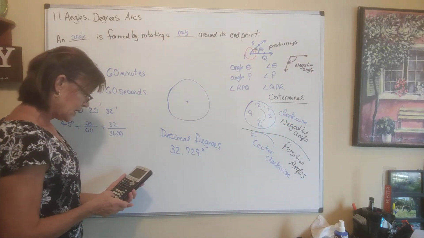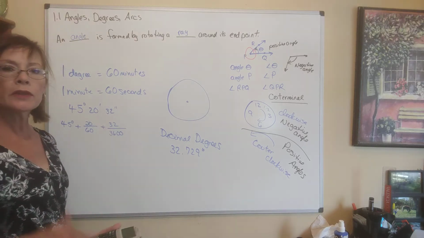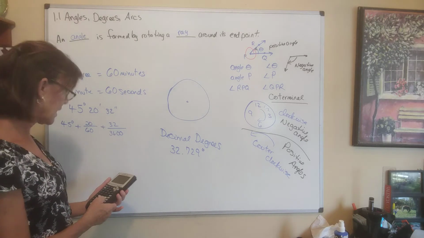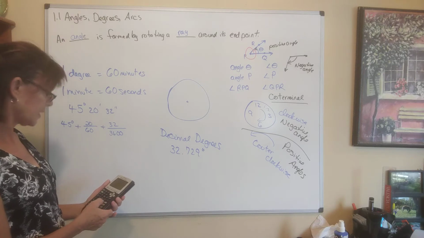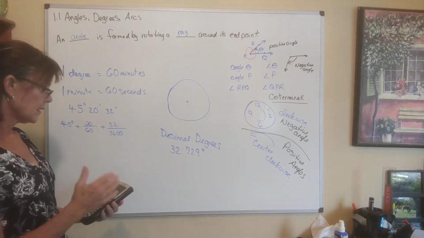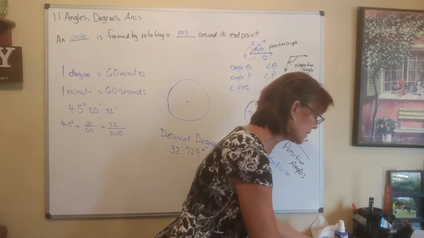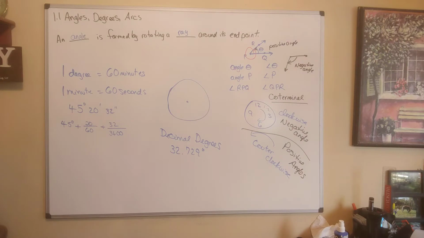I'm going to take 20 divided by 60, which gives me 0.3 repeating. And then I'm going to add 32 divided by 3,600, and that gives me 0.342222. And so I'm just going to round it after three places.